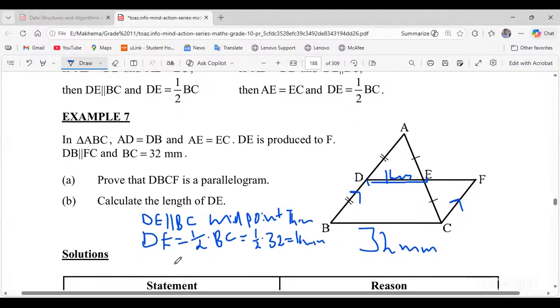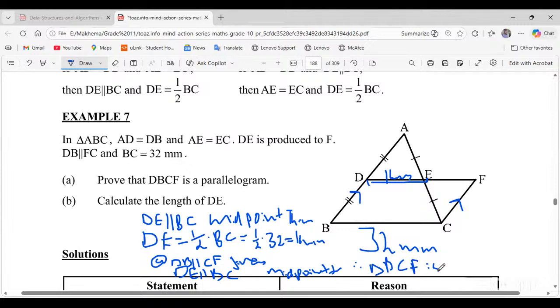I can just say DB is parallel to CF, that was given. My answer for A will start here, and then I will come to this part, that DE is parallel to BC. What is the reason behind that? It is the midpoint theorem.